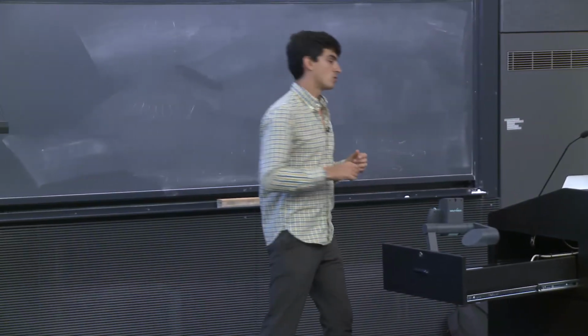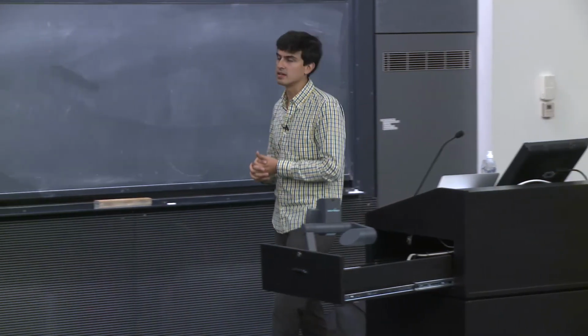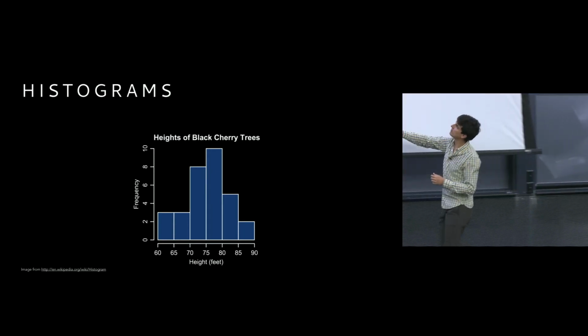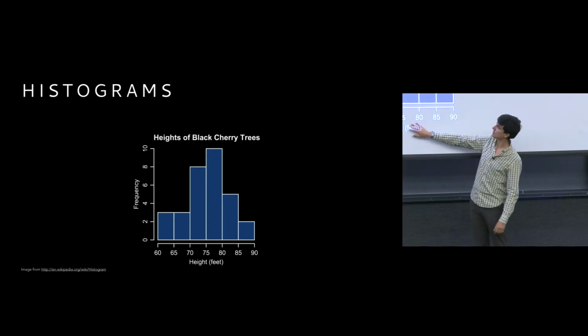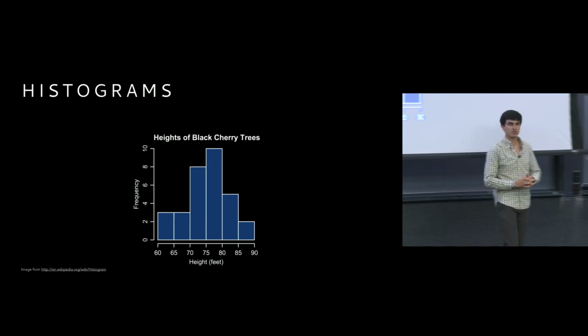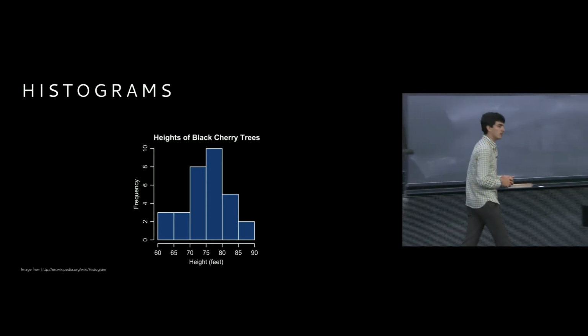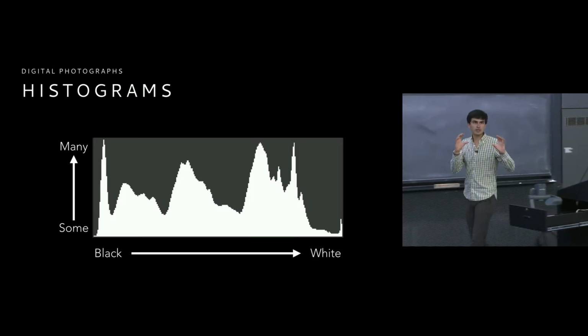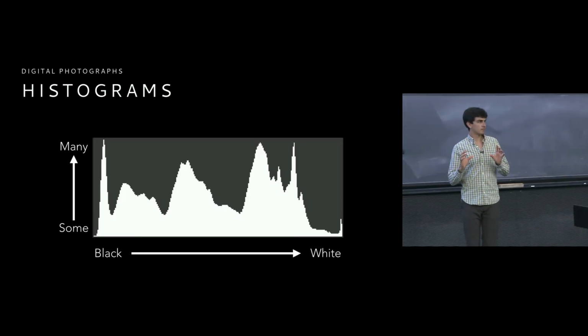But it's important to realize as well that each of these histograms have relative heights. So whereas for the very first histogram that we were showing, which was this example from Wikipedia, we could have a histogram that just keeps growing if we have another 100 trees, for example, that were between the height of 75 and 80 feet. A histogram for a digital camera fits within the rectangle that you see.